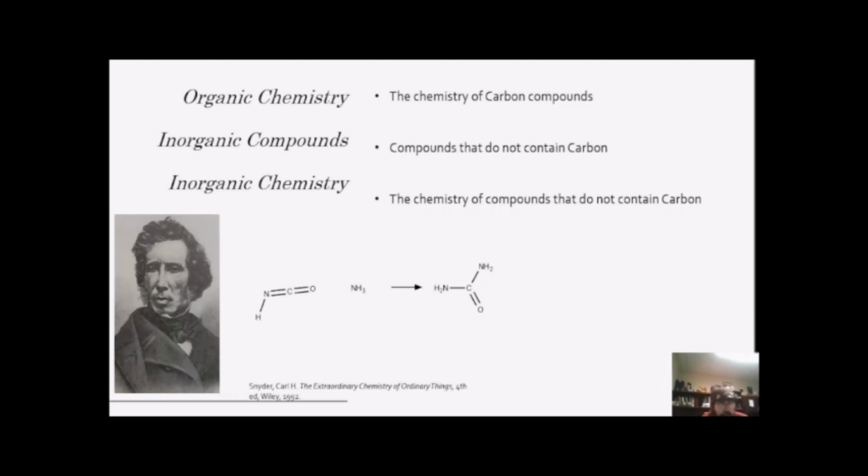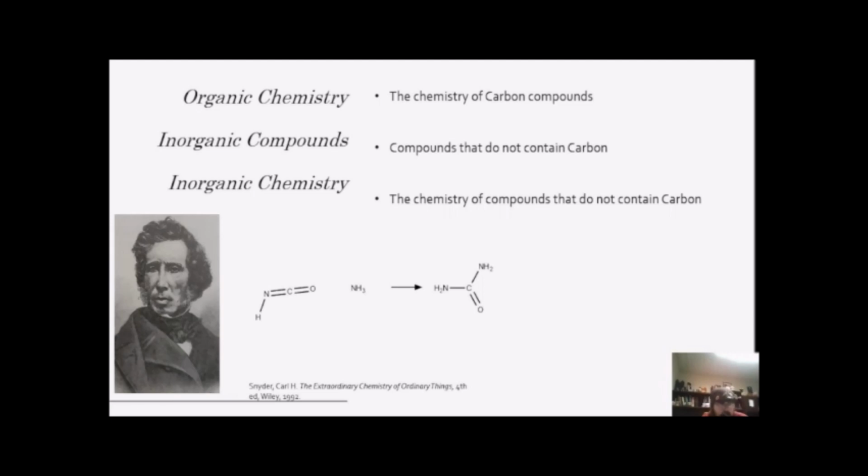Well, we first isolated this in 1773, but it was thought it could only come from a body, not from a lab. That you would have to take someone's actual pee or some animal's pee and concentrate it down to get the urea.